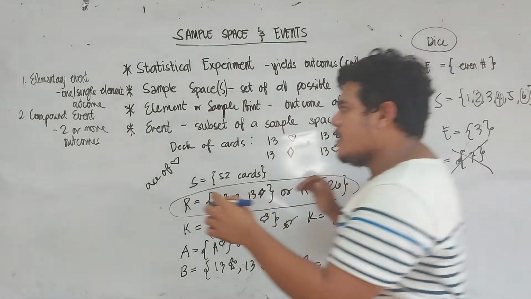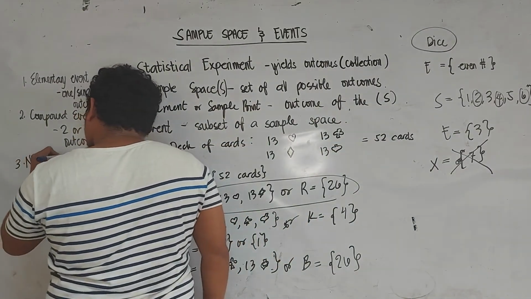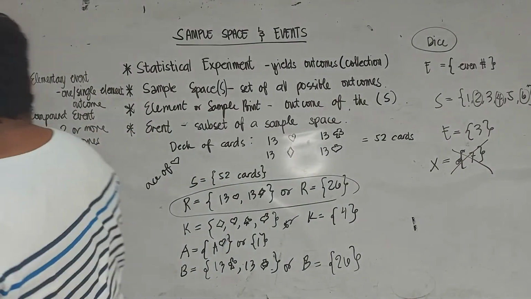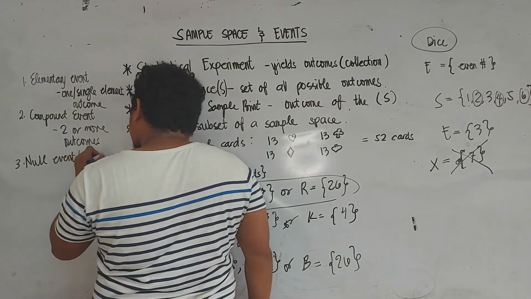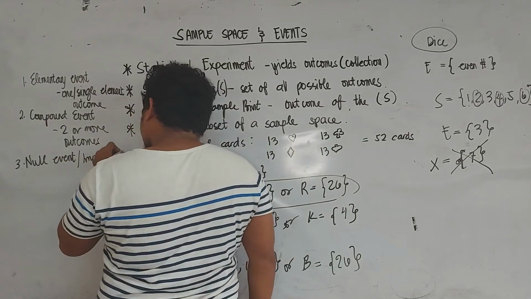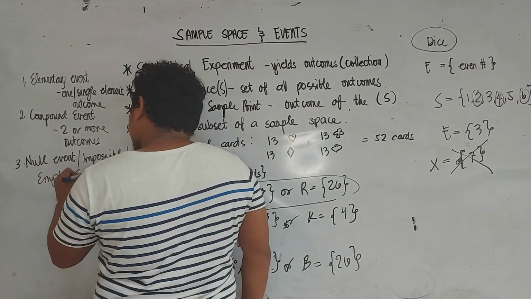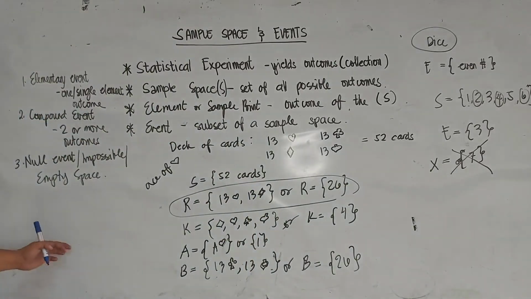And that is what we call a null event. A null event, or also called an impossible event or an empty space.